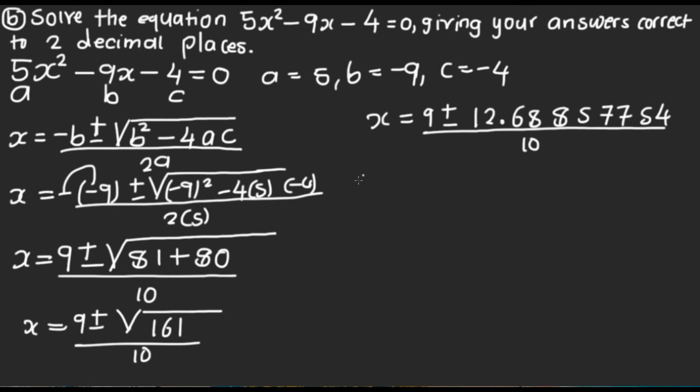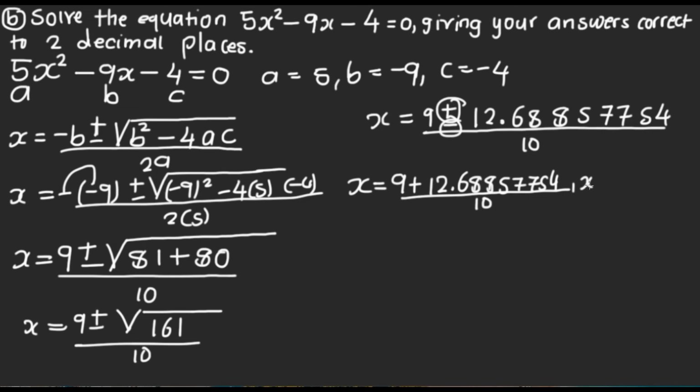Then at this point, we are going to split into two equations. One we have a plus, the other one a minus. So I'm going to say 9 plus 12.68857754 divided by 10. Then the other one will be x is equal to 9 minus 12.68857754 over 10.